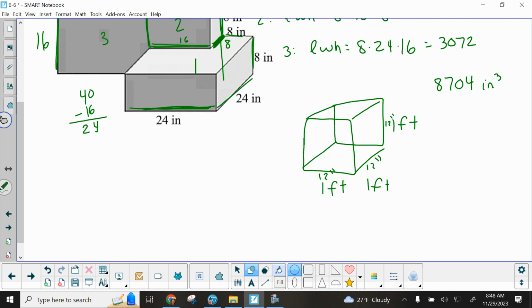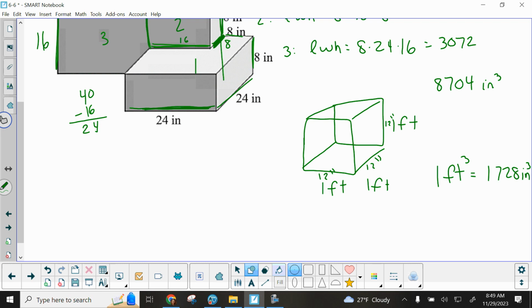So a cubic foot equals how many cubic inches? I have to do 12 times 12 times 12. So it's 1,728 cubic inches.